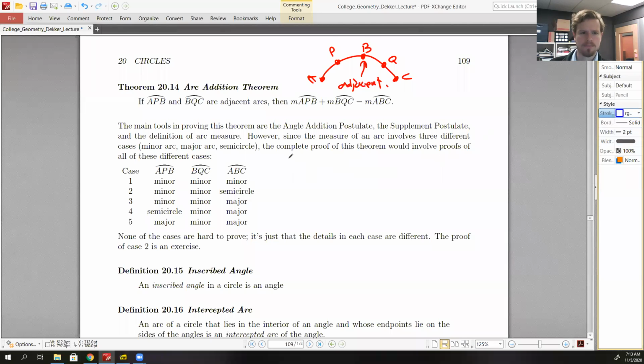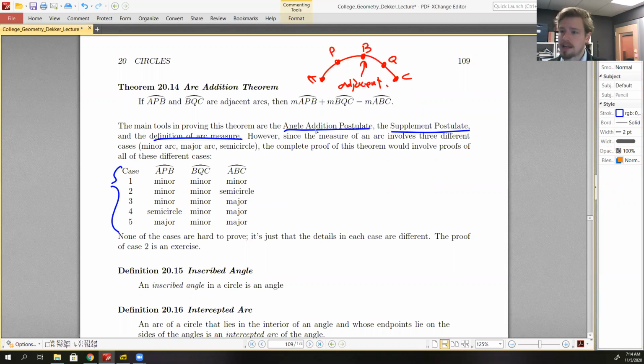Excellent. So to prove this theorem, it's not difficult, but it's tedious. Tedious in that there are many cases to the theorem. In proving it, you want to use the angle addition postulate, the supplement postulate, and the definition of arc measure, right?